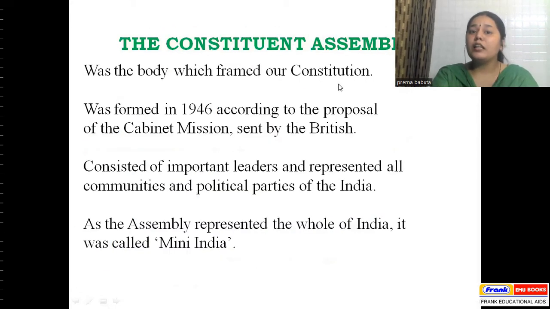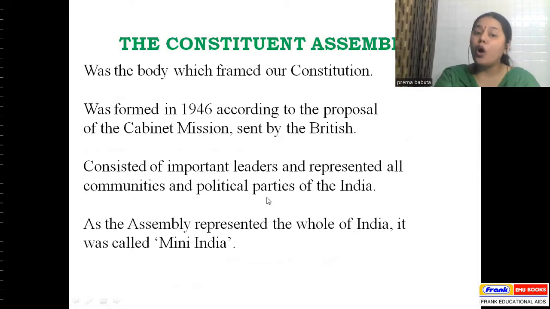Now, the Constituent Assembly, it was the body which framed our constitution, like I already told. When was it formed? In 1946, according to the proposal of the Cabinet Mission, which was sent by the British. It consisted of important leaders and represented all communities and political parties of India.